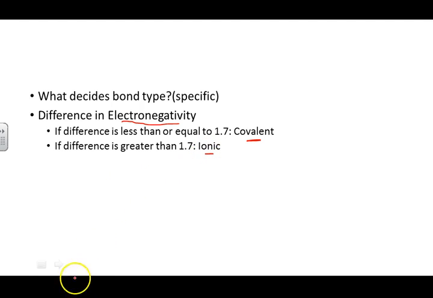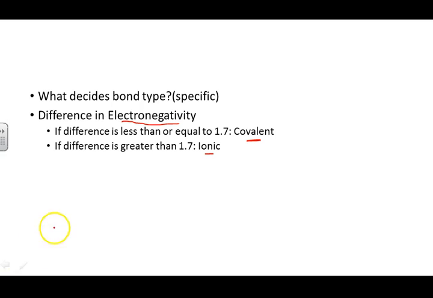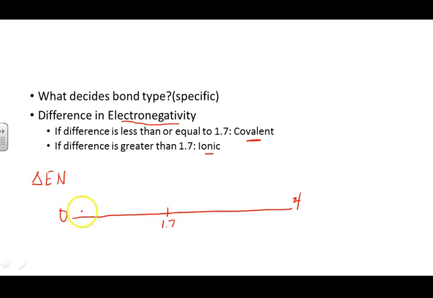And what we find is that we get a scale of difference in electronegativity that goes from 0 to 4. Okay. And we have somewhere in here a difference of 1.7.